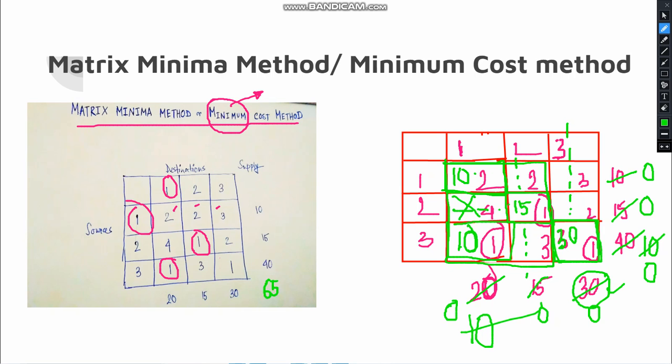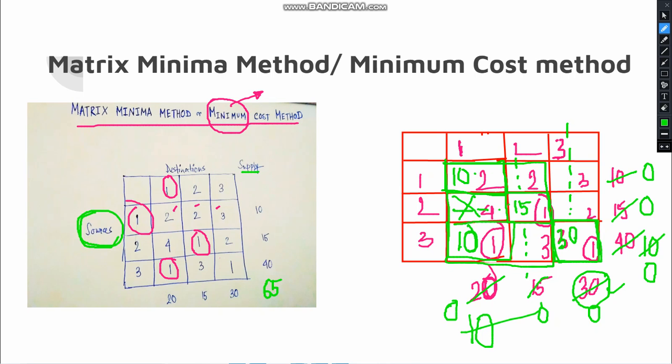But whenever you are solving a problem, you have to first see that the total supply is equal to the total demand. If the total supply is equal to total demand, then we can say that it is a balanced transportation problem. Then only we can apply these algorithms.